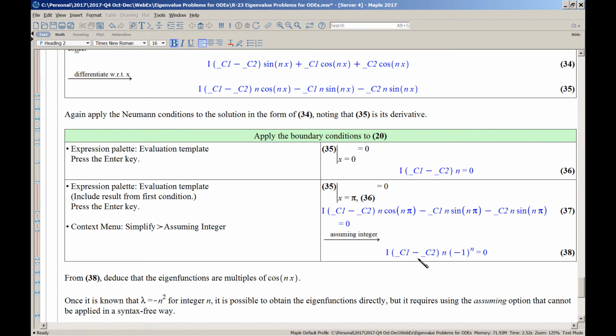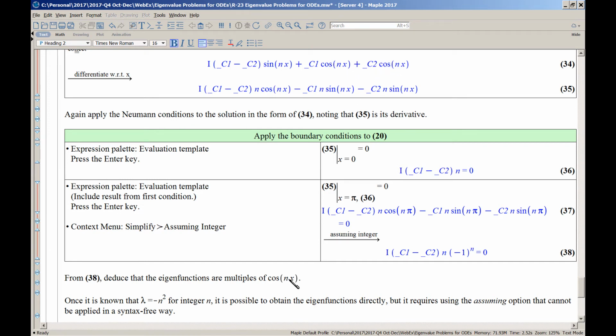If you look at what this is saying, the difference between C1 and C2 has to be 0. So you go back to this solution, not the derivative, the solution. This difference is 0. That knocks out the sine term, leaving you with a multiple of the cosine term.